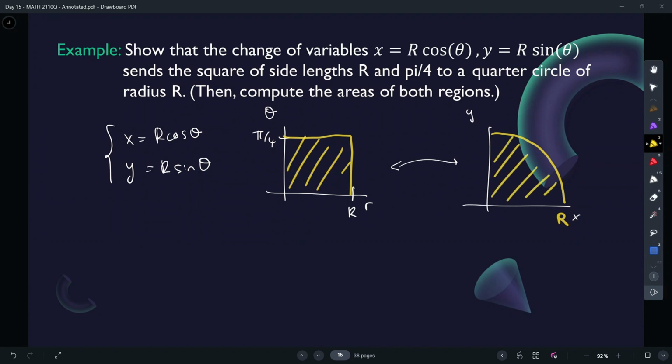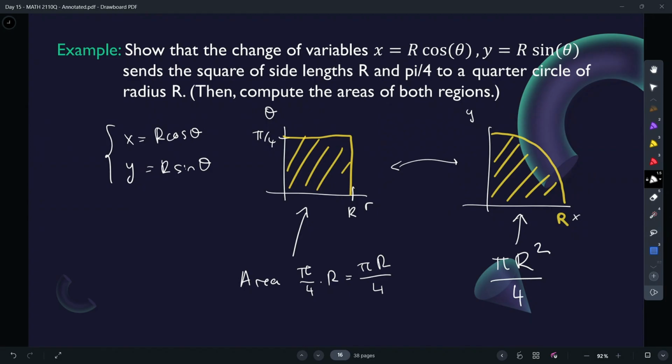And what is the difference in area between those regions? This one has area pi fourths times r, so pi r over 4. But this one, the area of the entire circle is pi r squared, and we are only doing 1/4 of it, so there is a fourth there.